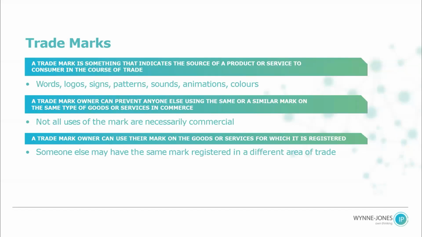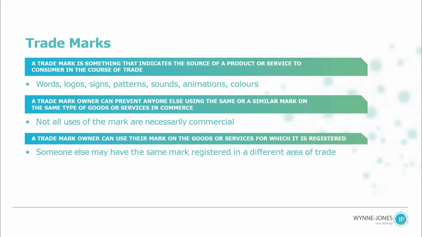So moving on now, we'll talk about trademarks. Different to patents, a trademark is something that indicates the source of a product or a service to the consumer in the course of trade. Trade in a very general sense, some sort of interaction, commerce. So charity, good works, they can also be trademarks or service marks.